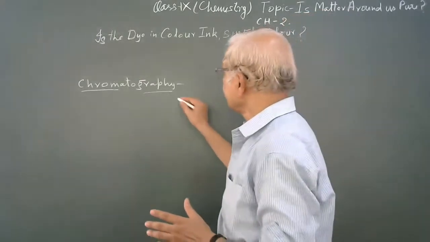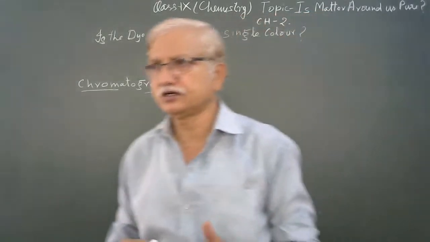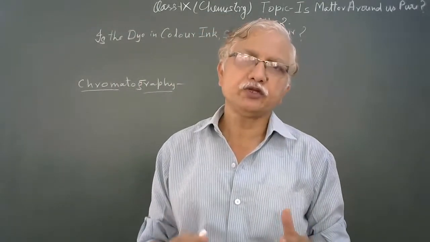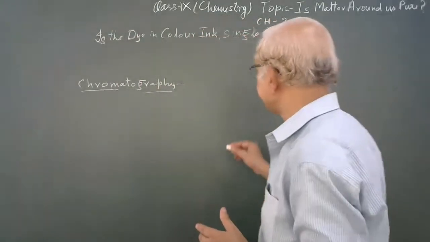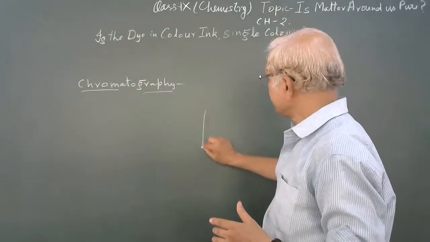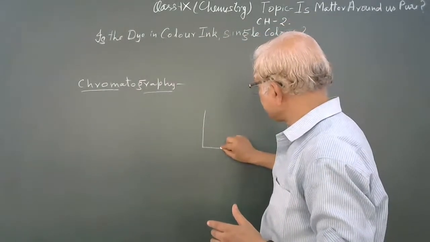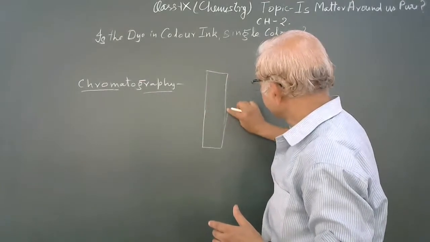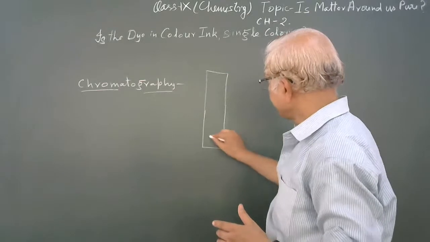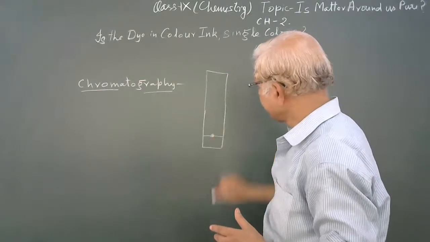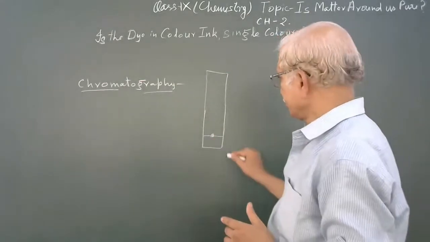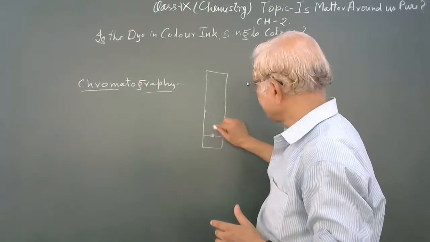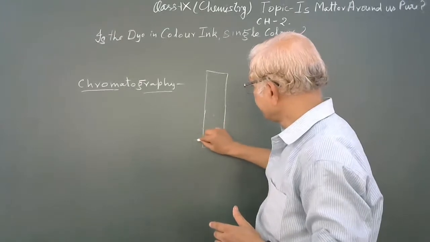Its principle, as per your 9th class level, we can simply explain how these components get separated. Suppose, just now I told you, this is a paper strip. And we put a dot here, a color dot, and we start the rise with the help of a solvent. We put the water here.